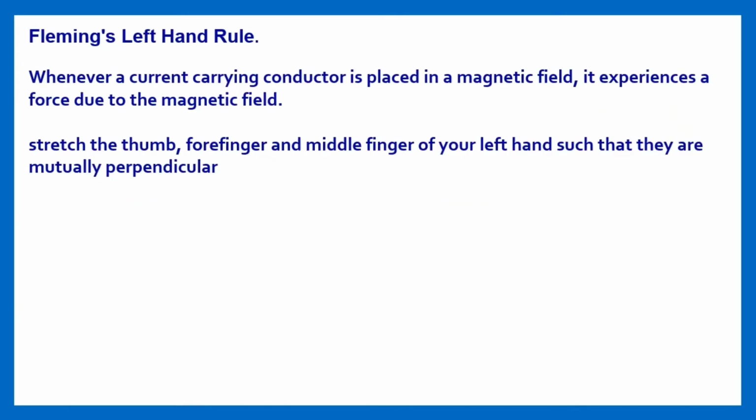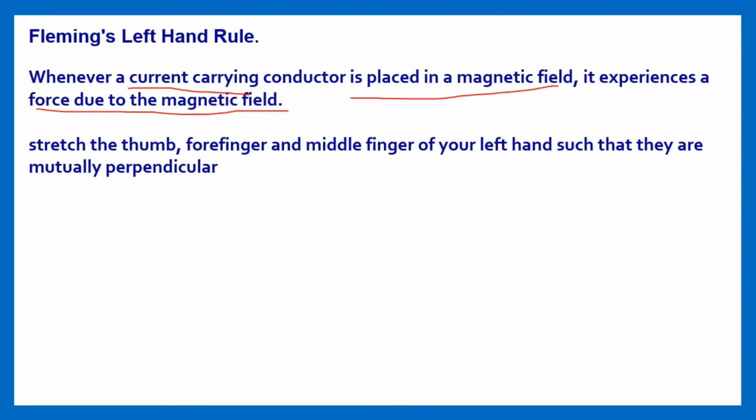So here is Fleming's left hand rule. Let me tell you what Fleming's left hand rule is. You know that whenever a current carrying conductor is placed in a magnetic field, it experiences a force due to the magnetic field. This force is maximum when electric current and magnetic field are perpendicular to each other.